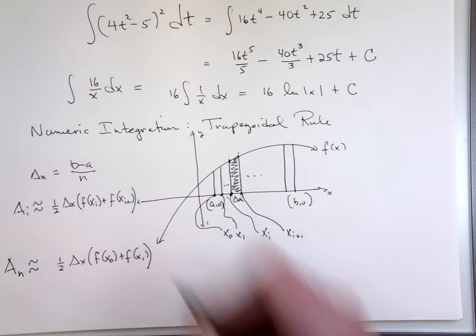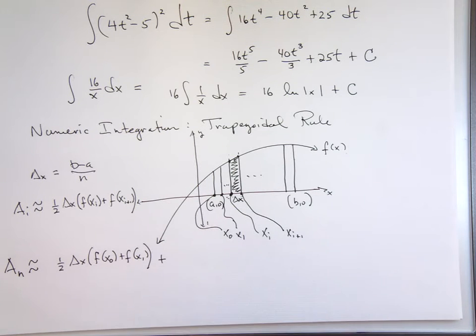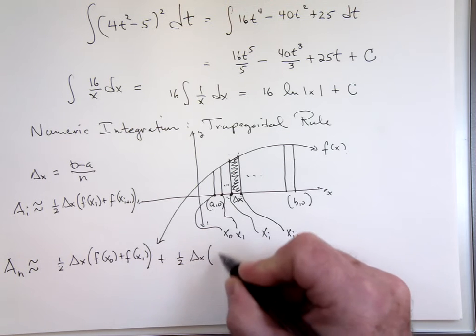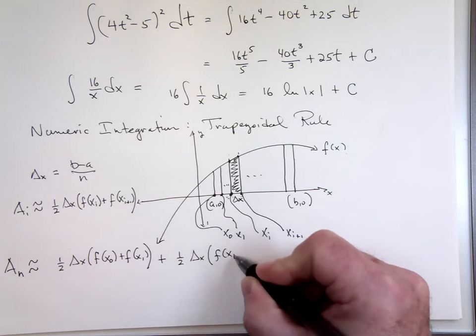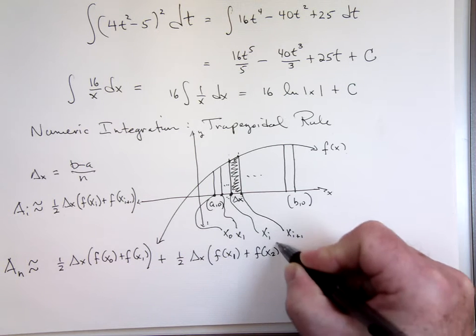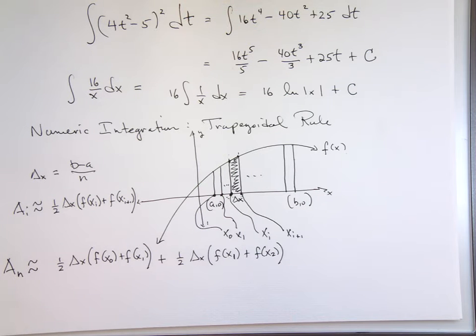That would be the first one. It has this form. Plus the second one, 1/2 delta x, f of x sub 1 plus f of x sub 2. That would be the second one. Is everybody with me? Everybody see what I'm doing here? Are you with me?